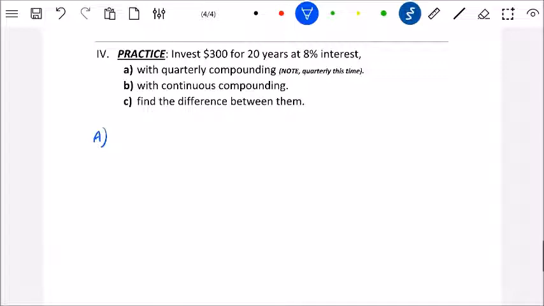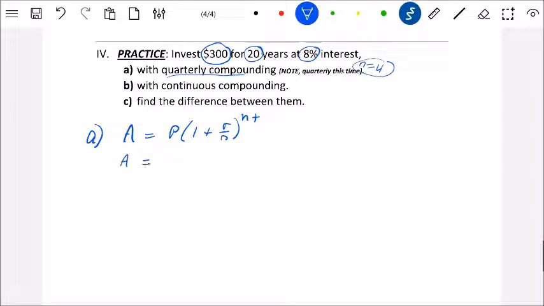A, I guess it's lowercase a, that's what it's showing there. And then we have the formula A equals P, 1 plus R over N, to the N times T. Look at it, $300, 20 years, 8% interest. Okay, and quarterly compounding is 4 times a year, so N is equal to 4.